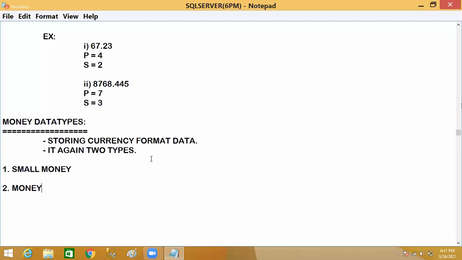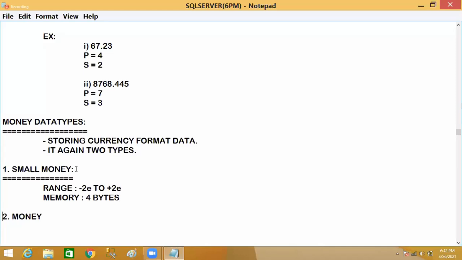Now, what is the difference between small money and money? Small money will take the range value of minus 2 to the power of 31 to plus 2 to the power of 31, and the occupied memory is 4 bytes.